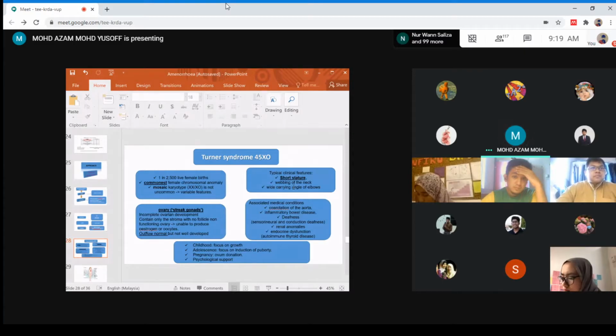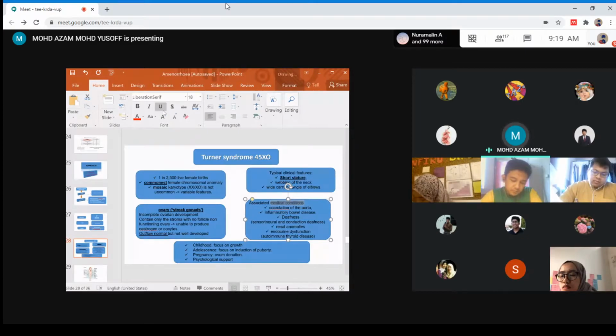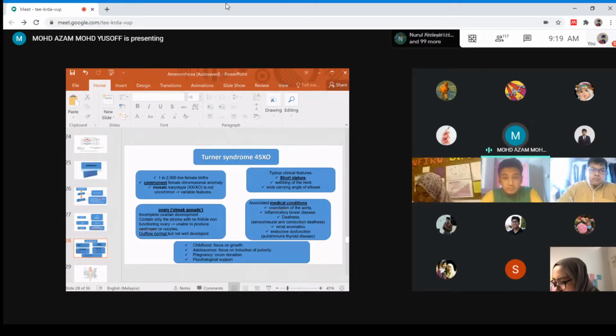There is webbing of the neck and a wide carrying angle of the elbow. There are other associated medical conditions: coarctation of the aorta, bowel disease, deafness, renal anomalies, and some endocrine issues.